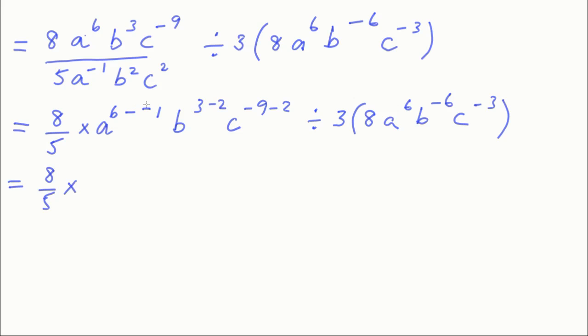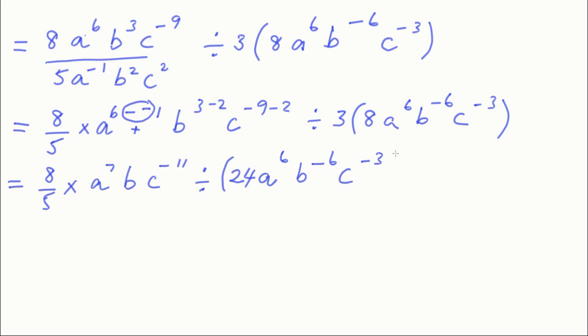times by, and these two become a plus, put that plus there. So a to the 6 plus 1 is a to the 7, b to the 1 or just b, c to the minus 11, divided by this bracket here, and I'm going to go 3 times 8 is 24, a to the 6, b to the minus 6, c to the minus 3, and put all that in one bracket like that.